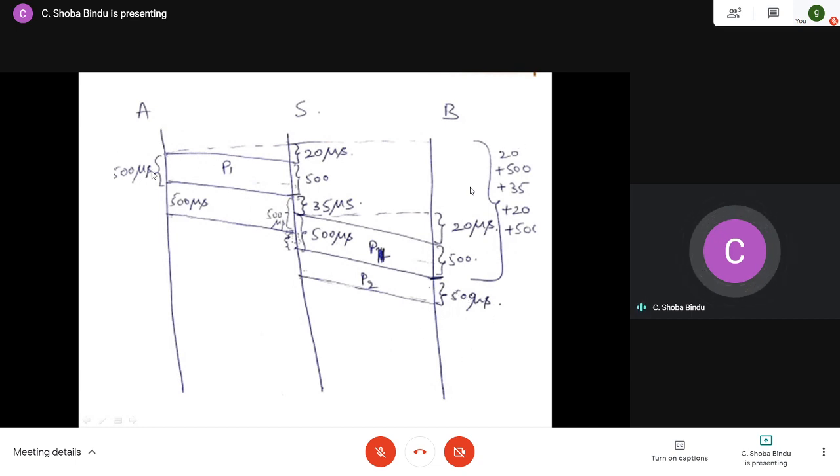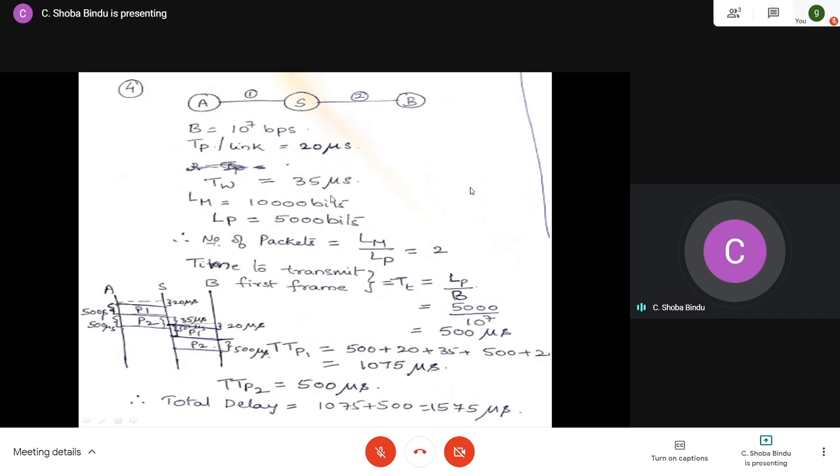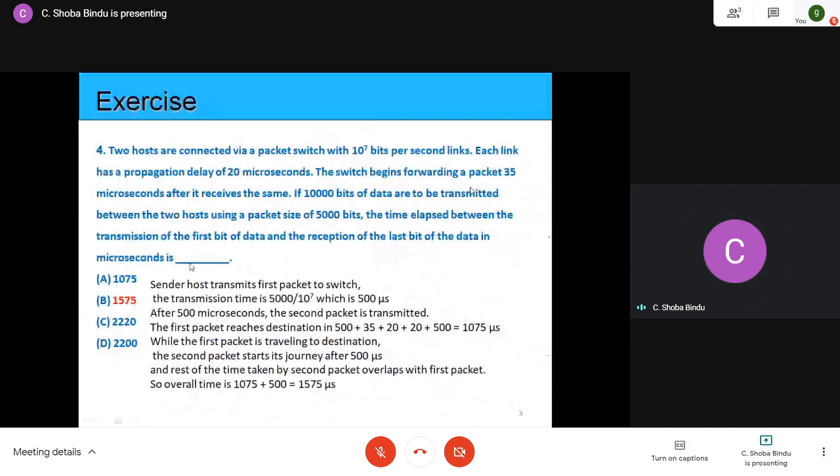That is the total time it takes for 3 packets consecutively transmitted to reach the destination. For the remaining packets, it takes only the transmission time here. So this is how we calculate the time it takes for the entire message to be transmitted from source to destination.